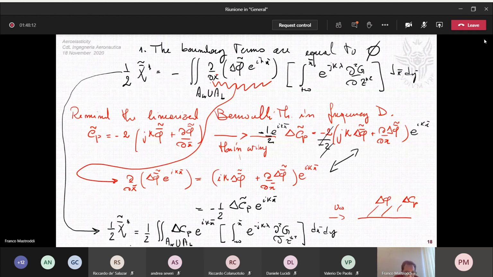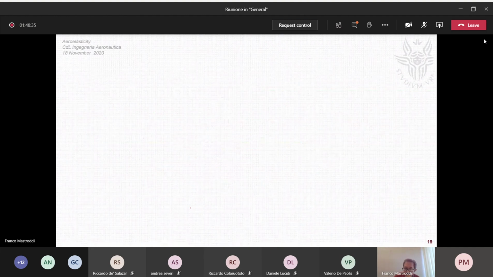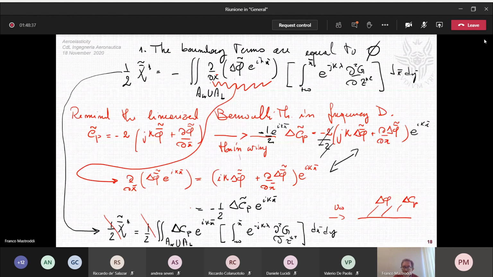So I have a very final comment for you. We can cancel this 1/2. Okay, this is the minimum part. But we have the delta Cp. We have the pressure jump to be integrated. Where? On the body and on the wake. But the delta Cp on the wake is 0. Remember, this is a wake boundary condition.